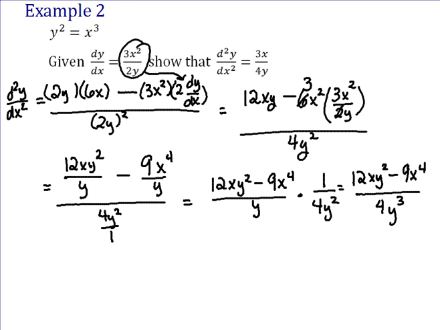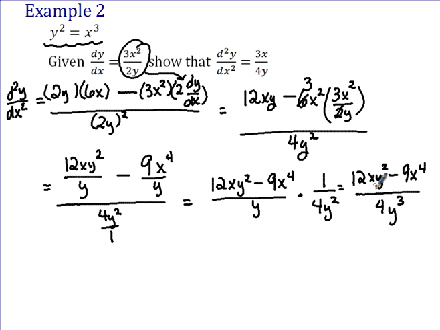Let's go back and look at our answer. Wow, we're looking for 3x over 4y, and I guess we have the 4, but we've got some extra y's, so we've got to figure this out. At this point, you should always go back and look at the original equation. In this case, y squared equals x cubed.